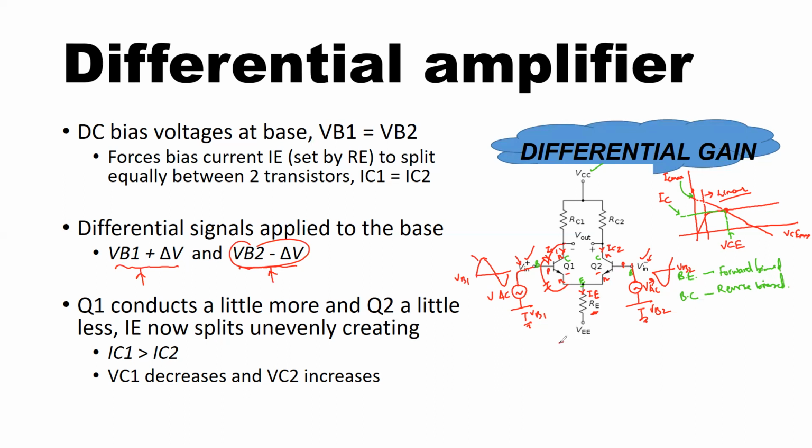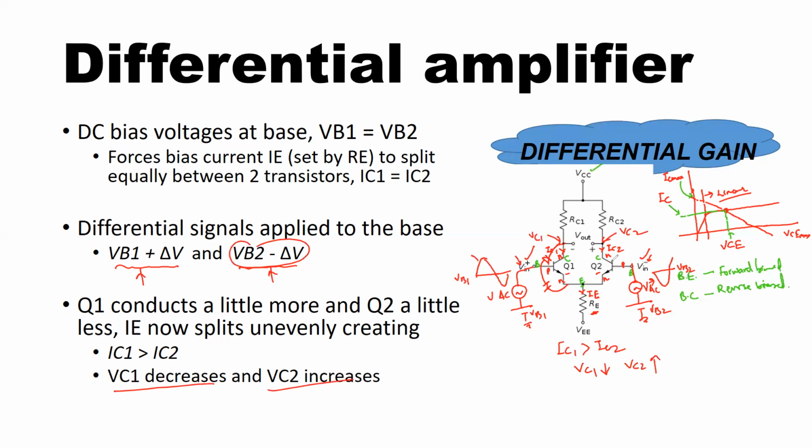Here IC1 is greater than IC2. And therefore the voltages at the collectors of transistor 1 and transistor 2, VC1 and VC2, will move in opposite ways. VC1 will go down and VC2 will go up, as we can see here.